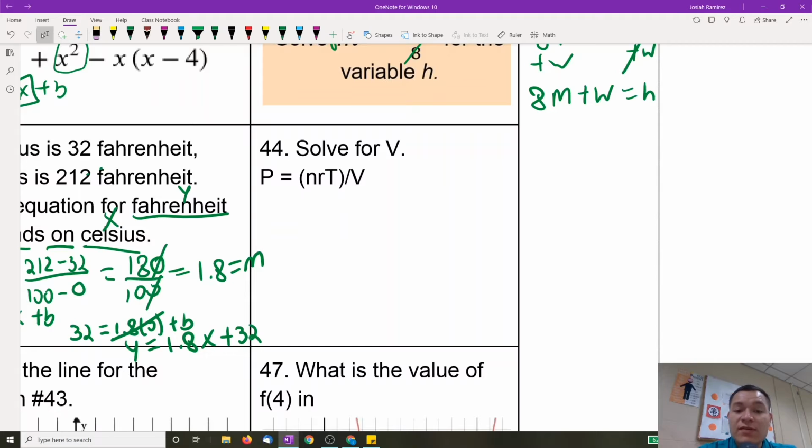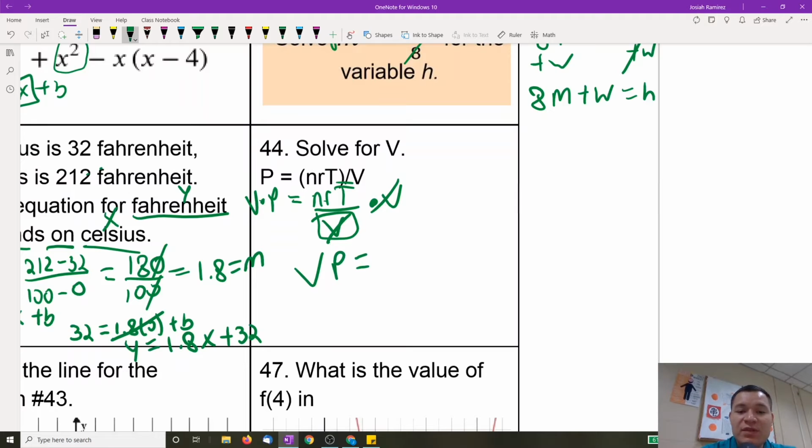We have this formula. We see that 3 things are all in parentheses, and then they're being divided by v. So let's rewrite that to be nRT divided by v. All 3 of those things are grouped together, and v is dividing into them. If we want to solve this for v, then we need v to not be in the denominator. We need v to be by itself. The only way to move this v to the other side is by doing its opposite, which is to multiply.